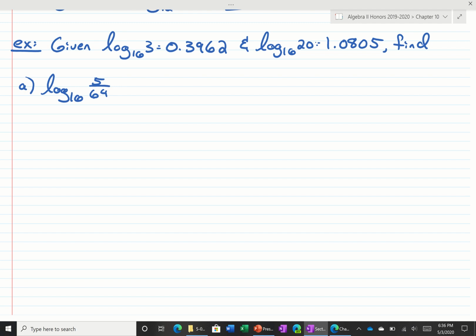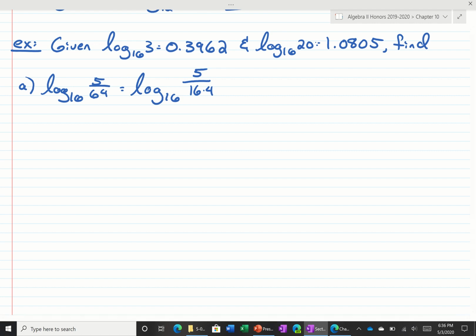Well, this is the same thing as 20. So this is log base 16 of 20 over 16 to the second. Oh, wait a minute. No, that's not true. So log base 16 of, let's see here. I know that this is the same thing as 5 over 16 times 4.